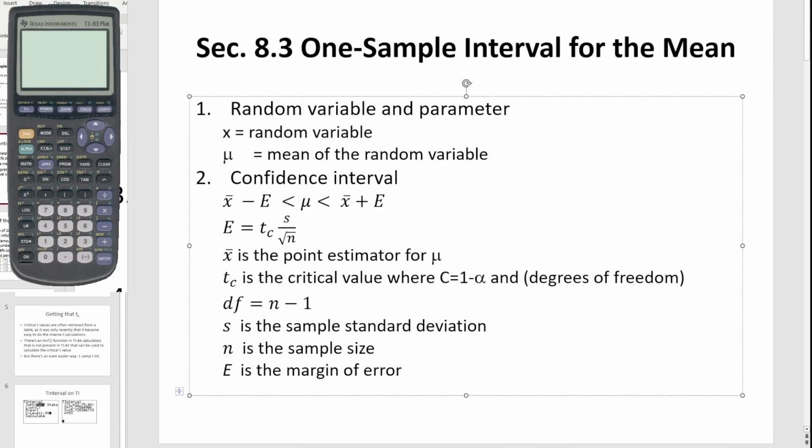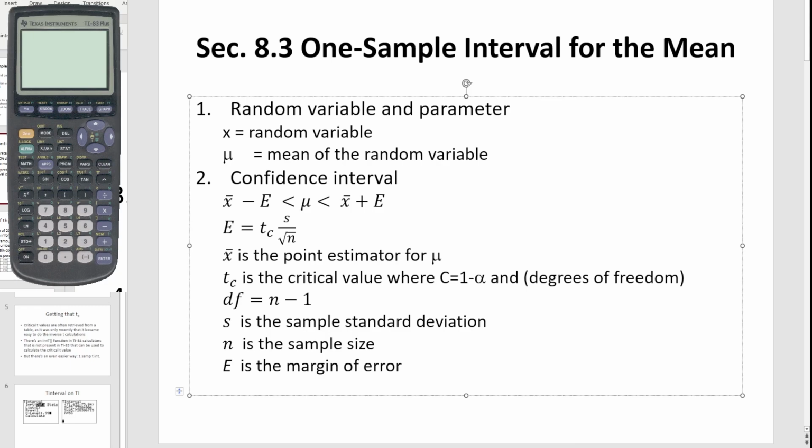The idea of a degree of freedom is basically the number of things that are allowed to vary. For example, if you have 5 chairs and 5 people, there are 4 degrees of freedom because only 4 people get to choose a chair, and the last person has to sit in whatever chair is left.